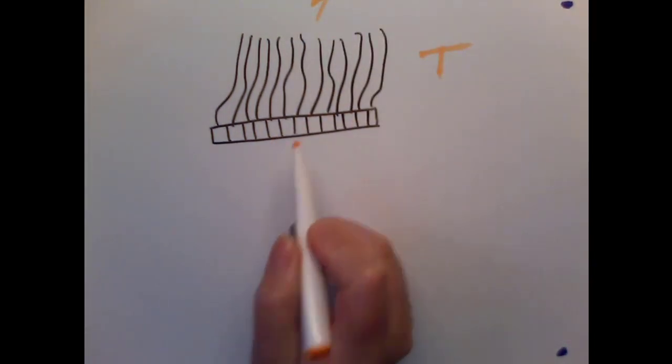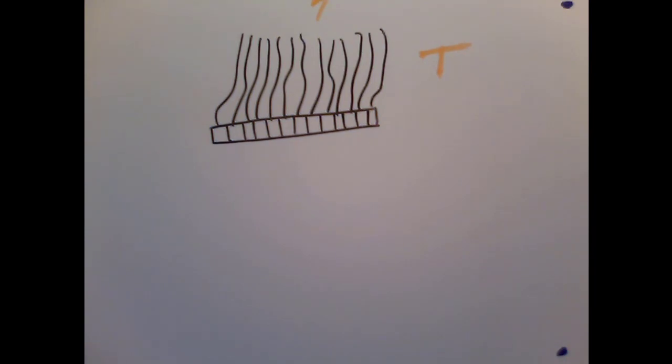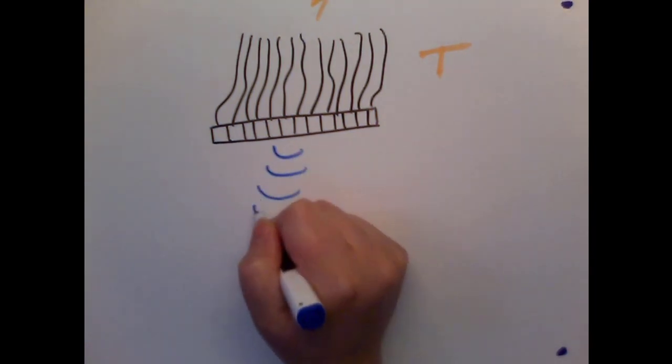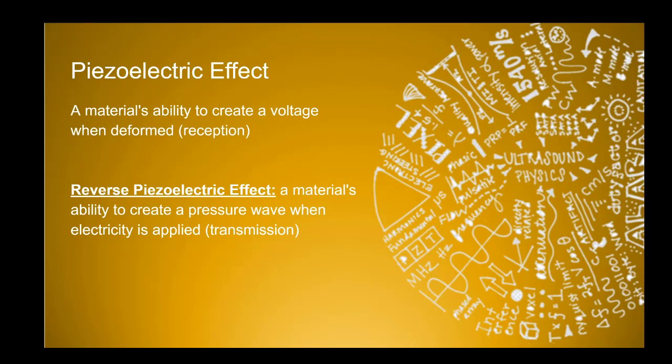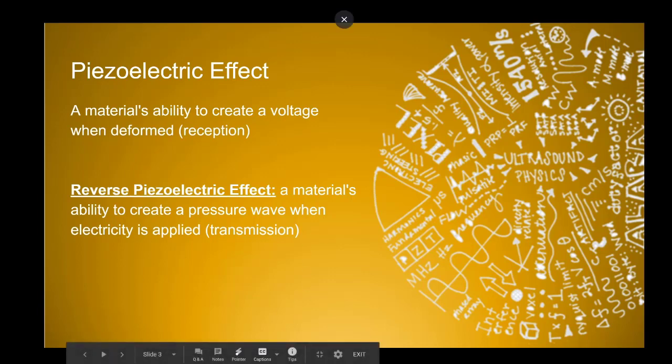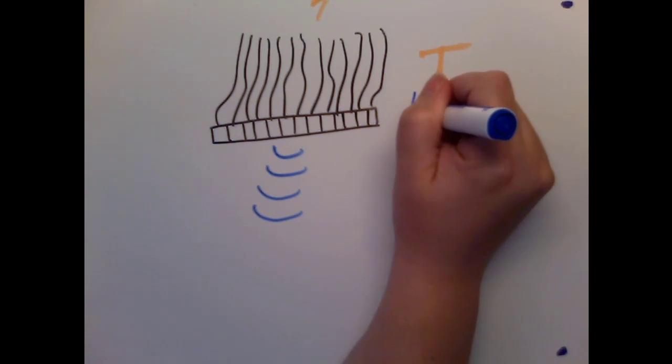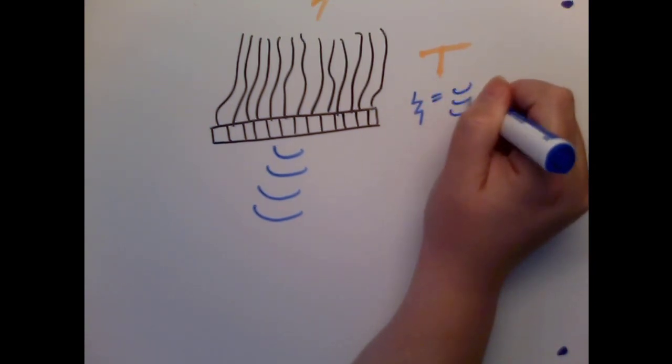When the electricity hits our crystals, what comes out is a sound wave. Electricity comes in and sound, which we know is a pressure wave, a mechanical wave, is created. So during transmission, we get the reverse piezoelectric effect. Transmission is electricity being converted into sound.